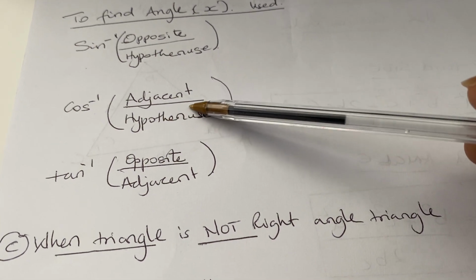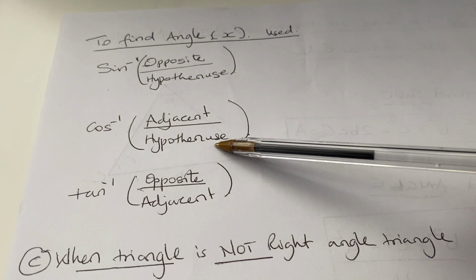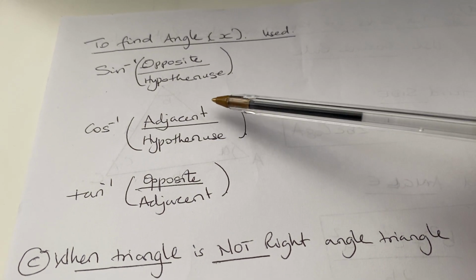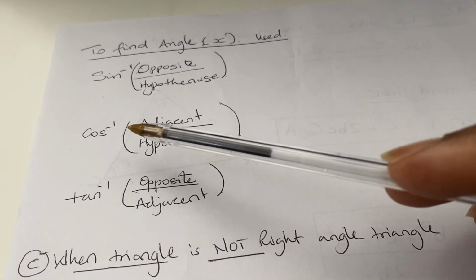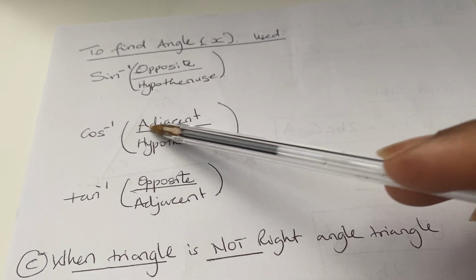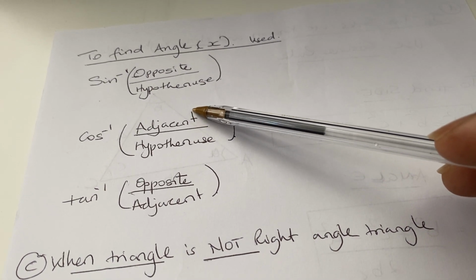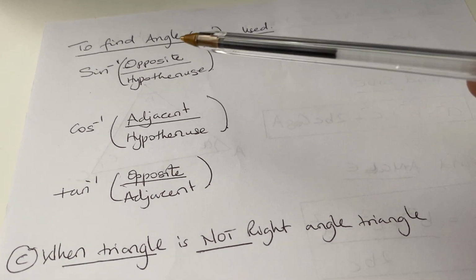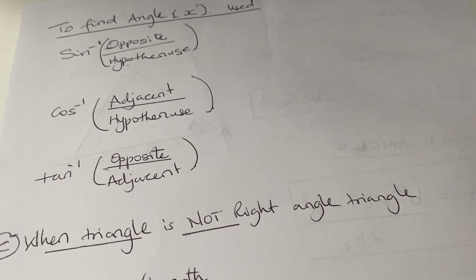The cos inverse as well. You know the adjacent, you know the hypotenuse, so you divide the adjacent over the hypotenuse, you use your calculator, you find the cos inverse. You press your second function and you press the cos, and then it will give you the angle.